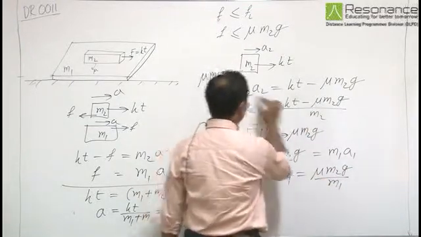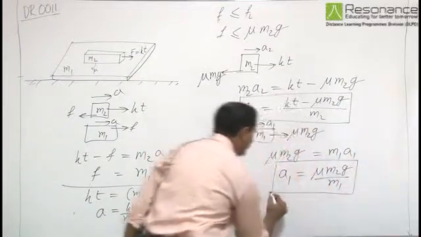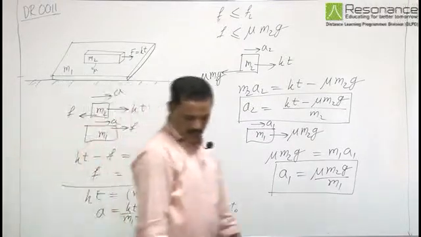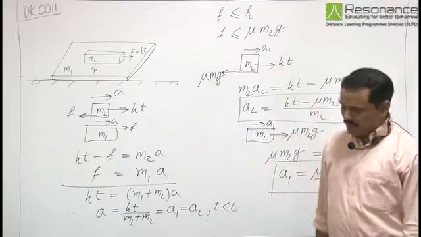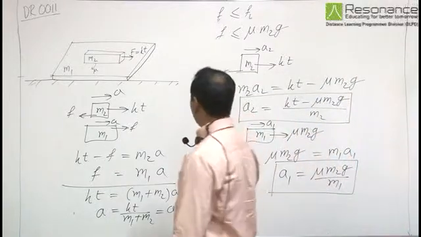So these are the accelerations of the bar and the plank after friction has reached its limiting value. But now we need to find when friction reaches its limiting value.